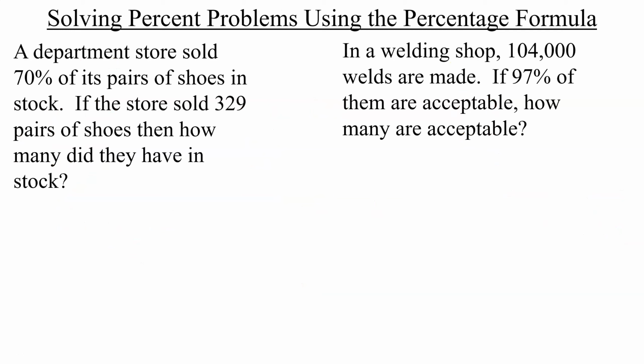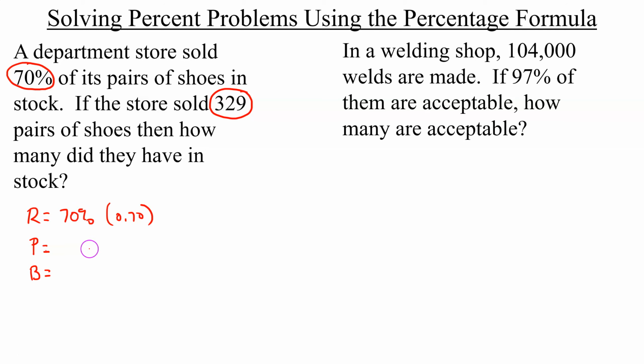Let's try a couple more examples. A department store sold 70%, so there is our rate, of its pairs of shoes in stock. The store sold 329 pairs of shoes. If they sold that many, then how many did they have in stock? So we have rate, portion, base. Our rate is 70%, or 0.7 in decimal form.